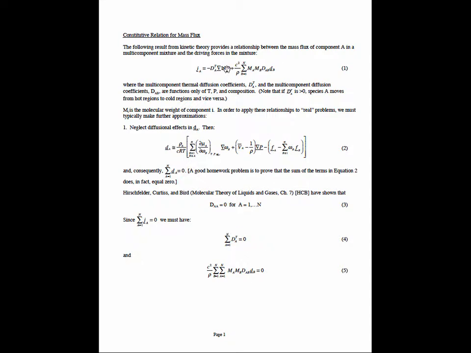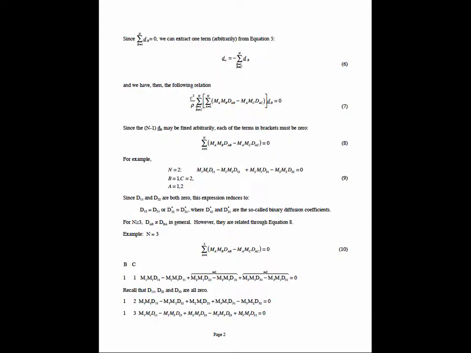It turns out that the second term, in order to satisfy this constraint, has to be satisfied rigorously when the only gradient is temperature, and also satisfied rigorously when there's no gradient in temperature, and so that leads to these two conditions that have to hold under all circumstances.